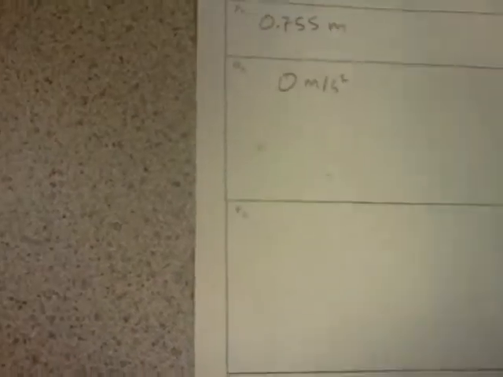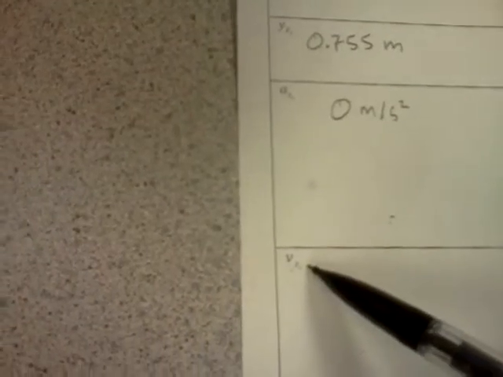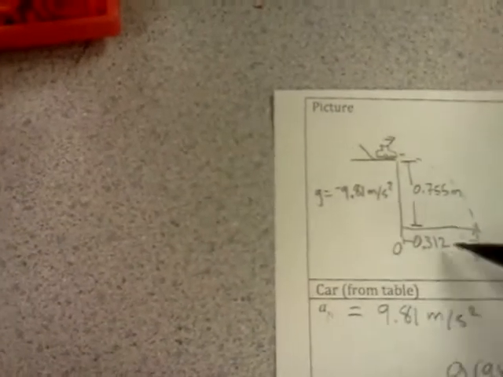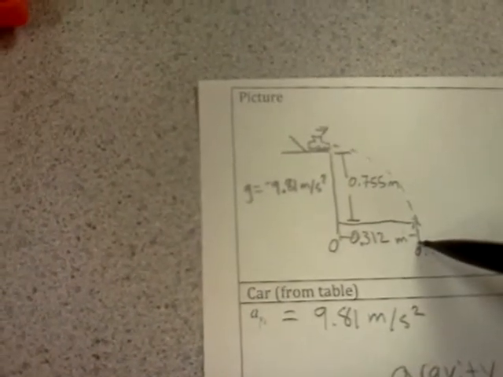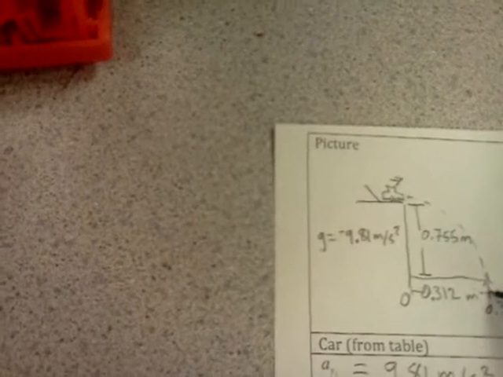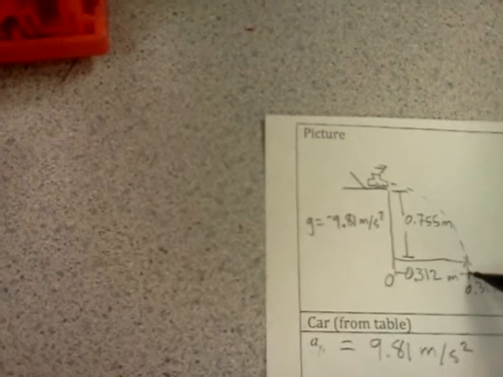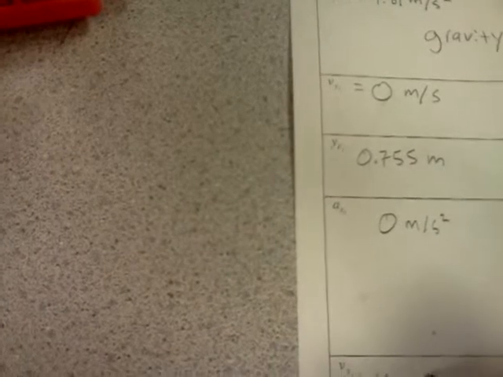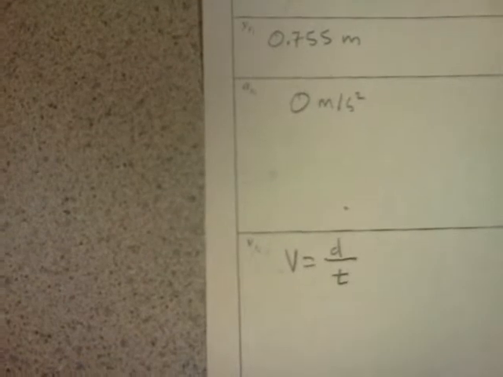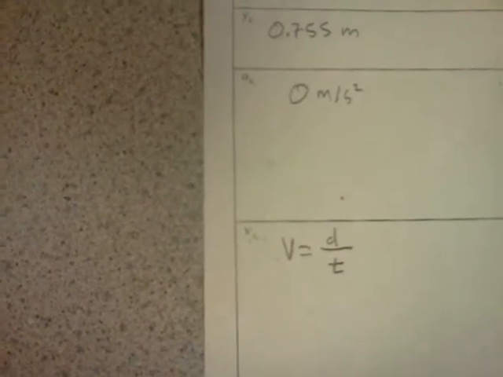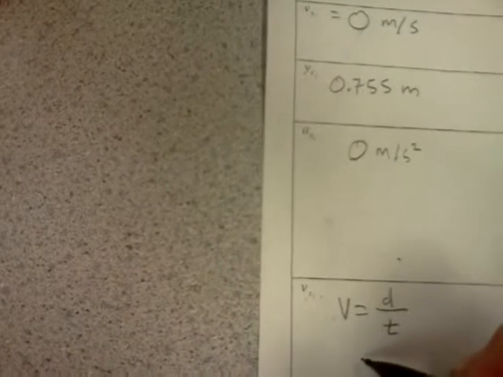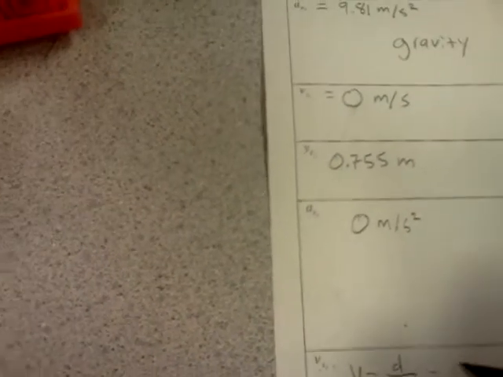Now we have to calculate our velocity in the X direction. We have our distance, and to calculate velocity, the only thing that we need now is a time. Remember that velocity is equal to our distance divided by time. We can plug in our distance, but we're still going to need to know our time.